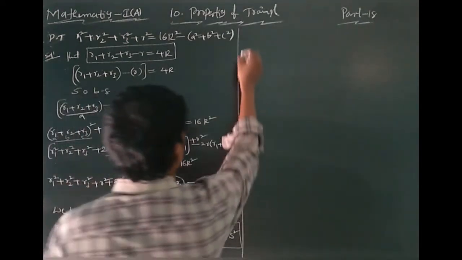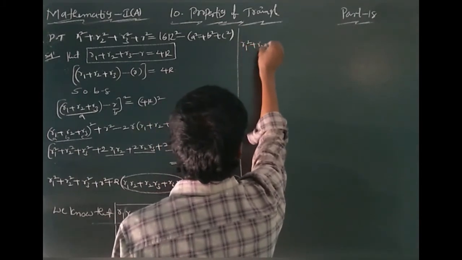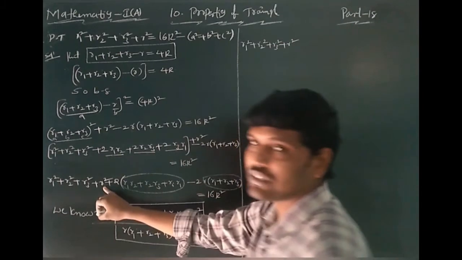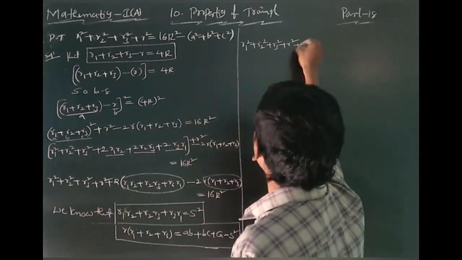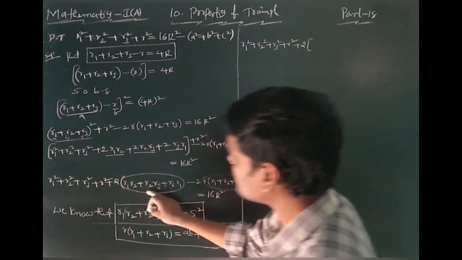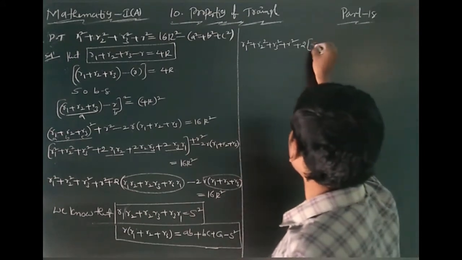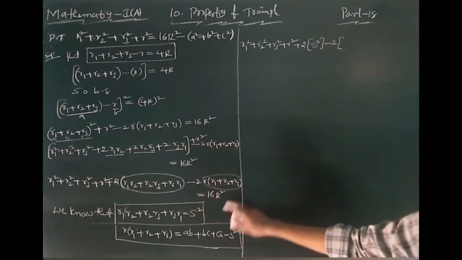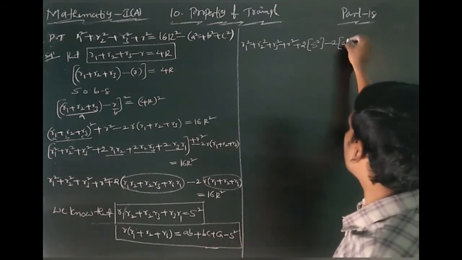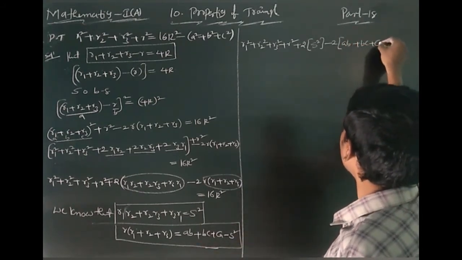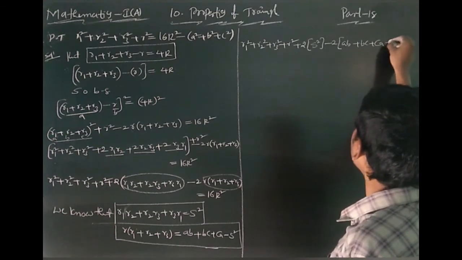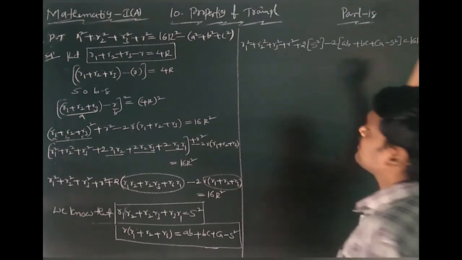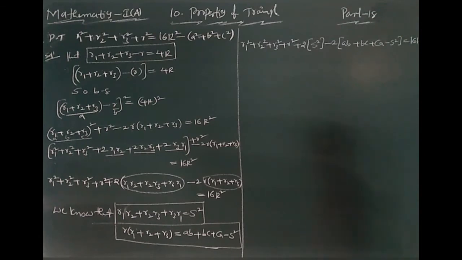You get r1 square plus r2 square plus r3 square plus r square, plus 2(r1r2 + r2r3 + r3r1), that is s square, minus 2r(r1 + r2 + r3), that is here ab + bc + ca minus s square, is equal to 16r square.